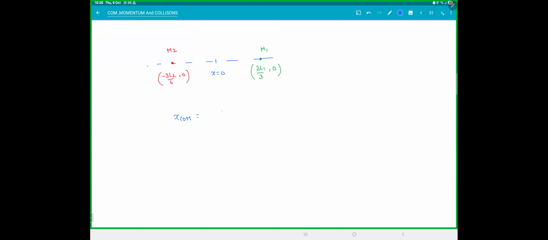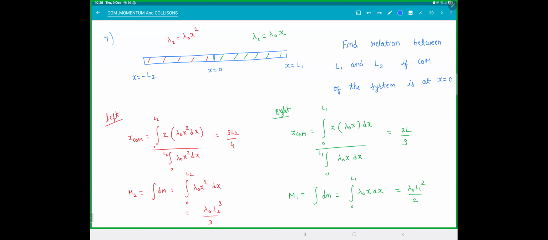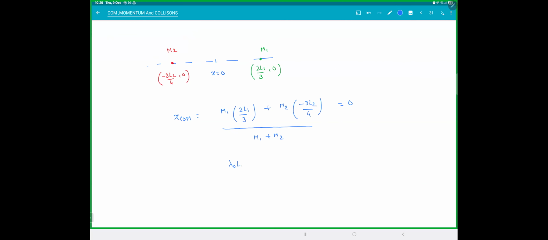So X center of mass is M1 times 2L1 by 3 plus M2 times minus 3L2 by 4, by total mass M1 plus M2, is 0. M1 is lambda naught L1 square by 2, so 2L1 by 3, minus M2 is lambda naught L2 cube by 3, times 3L2 by 4, is equal to 0.